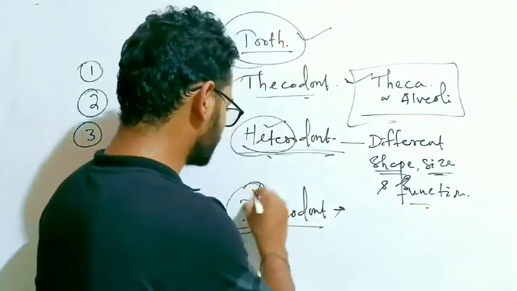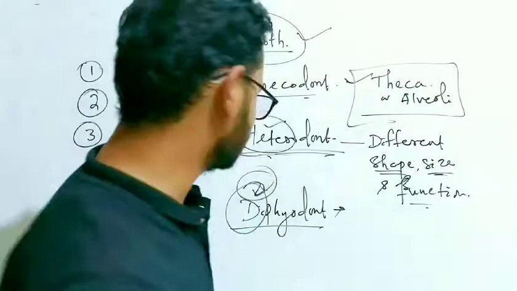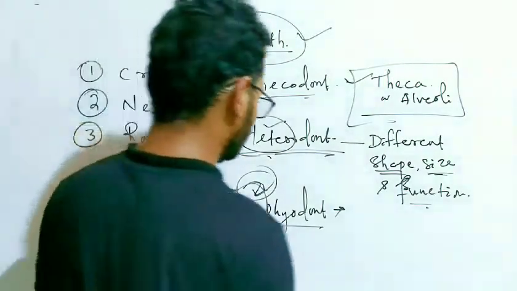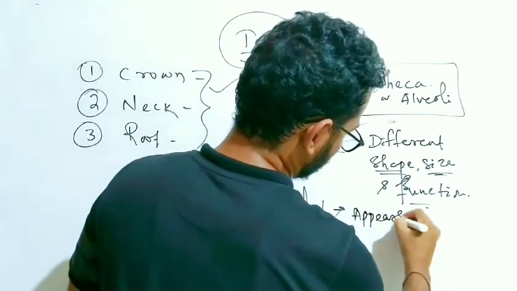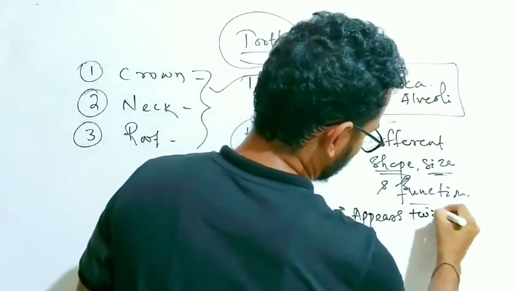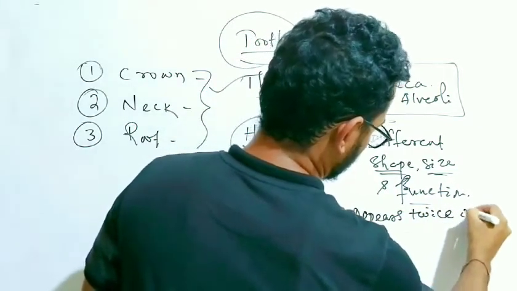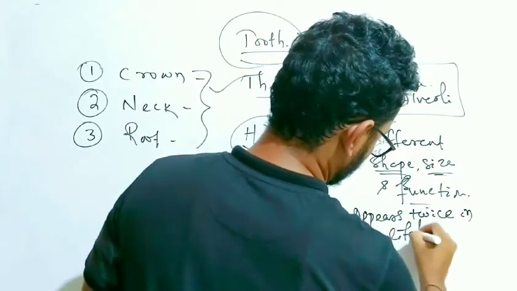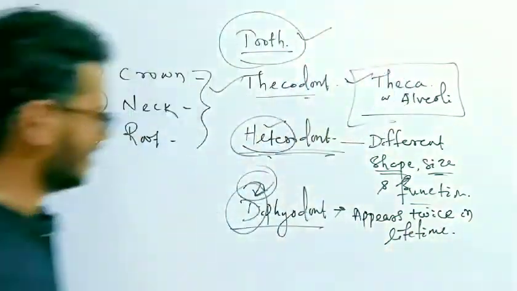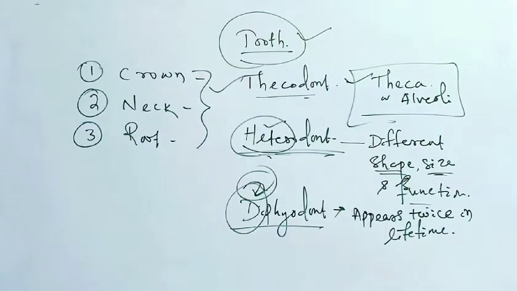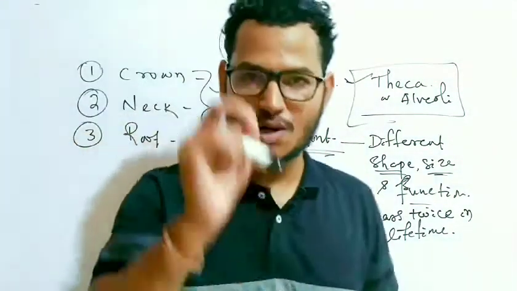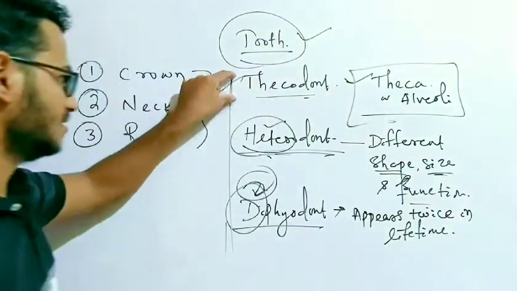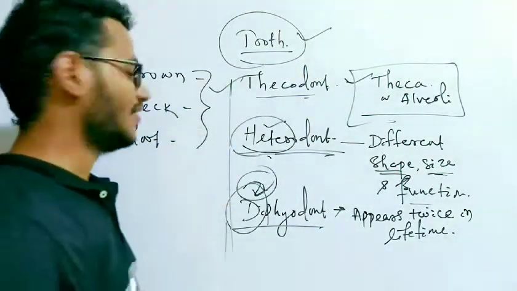So di means two, as it appears twice, it is called diphyodont because the teeth appear twice in a lifetime. That is why it is called diphyodont. Okay, so these three terms are assigned to our tooth: thecodont, heterodont and diphyodont.